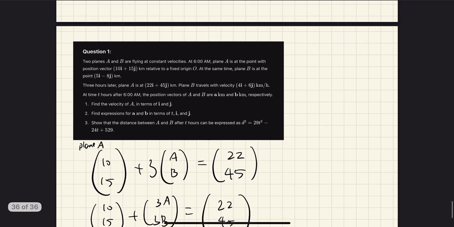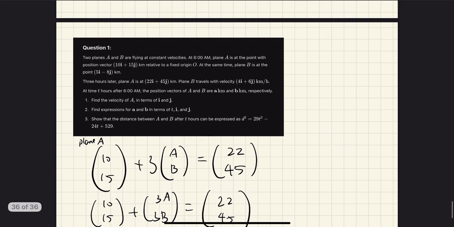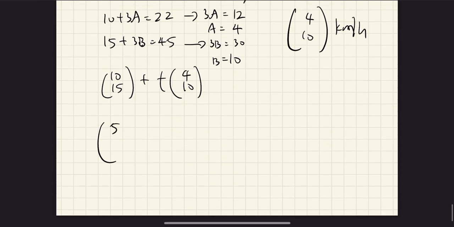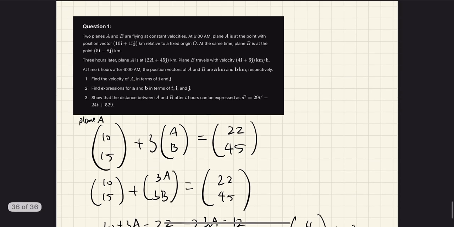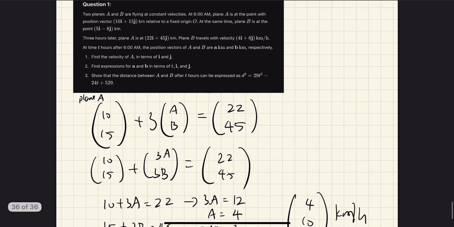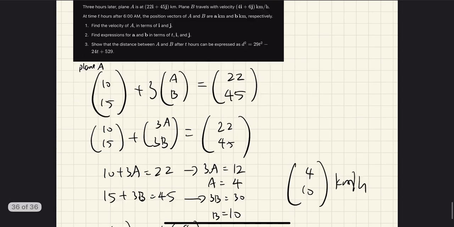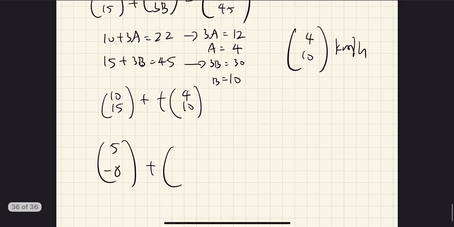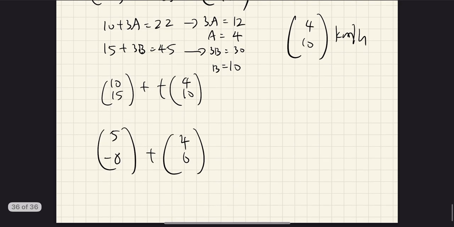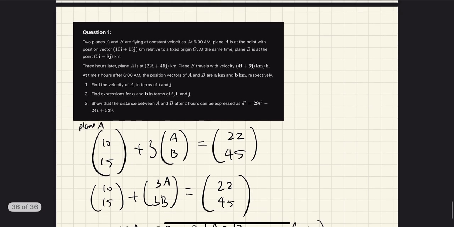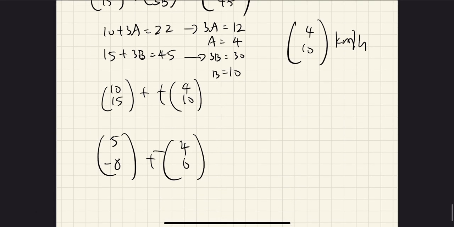Plane B is pretty easy too: 5i minus 8j, so 5, negative 8. Then they literally give you the velocity, so plus t times 4, 6. So those are the two equations, and they told us to write it in terms of i and j.